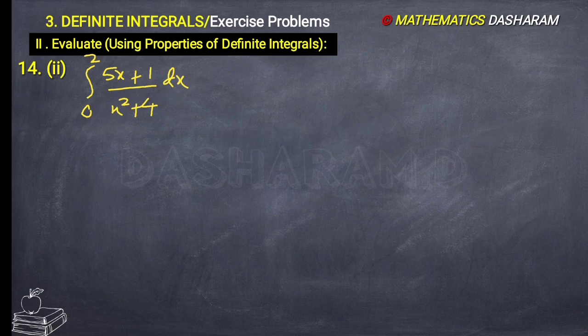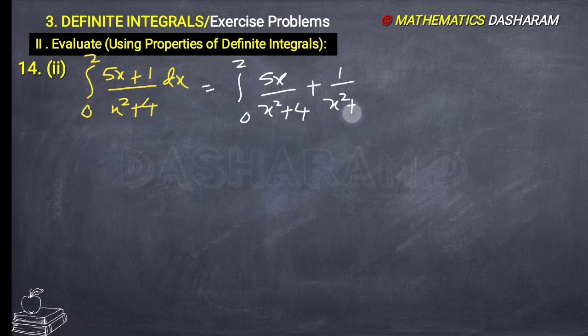Integration from 0 to 2 of 5x plus 1 divided by x square plus 4 dx. So here split into two fractions: 5x divided by x square plus 4 plus 1 divided by x square plus 4, whole dx. Next, as per property number 4, we can apply the integration for the first term and the second term separately.